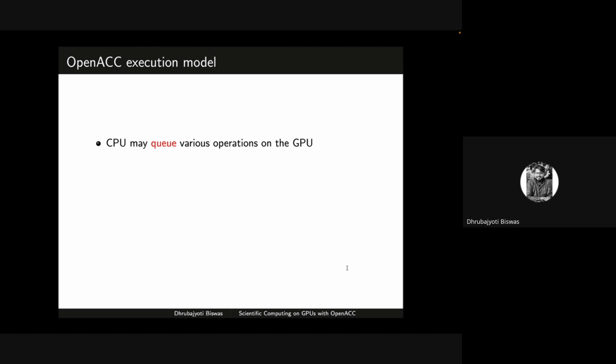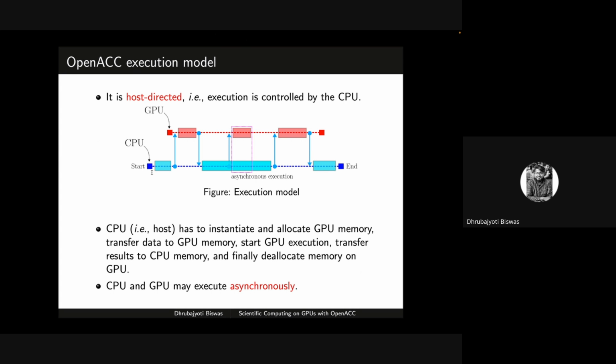Now the CPU may queue various operations on the GPU. What do I mean by that? In this figure, this one line I have drawn, I have marked it as GPU, but there could be many such lines in a single GPU itself. Within the GPU, you can have different queues. So what do I mean by a queue? This is Q0. It is pushing one kernel to the GPU here.